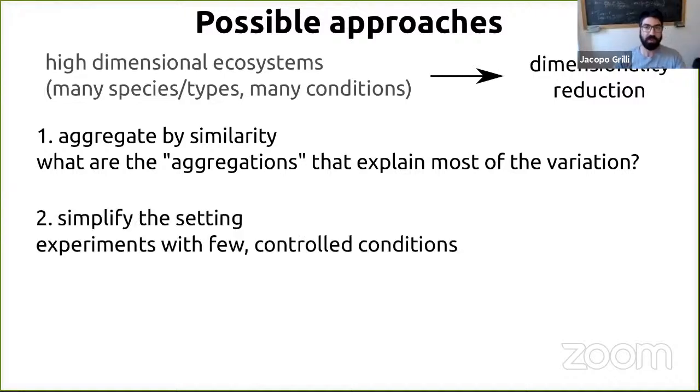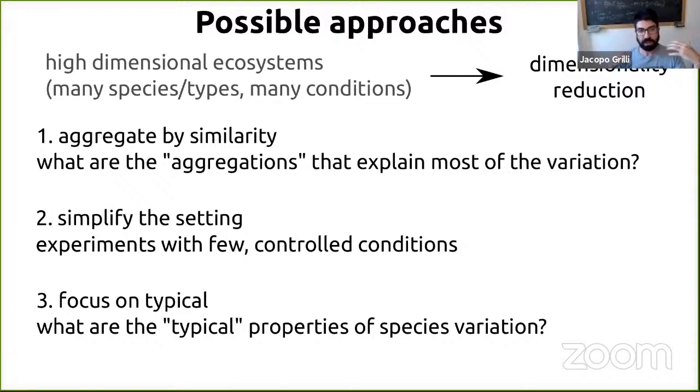Another approach is to simplify the setting. So try to understand which mechanisms determine variation by looking at well-defined experimental settings with few control conditions. There is a third approach, which is to focus on the typical properties of species variation.